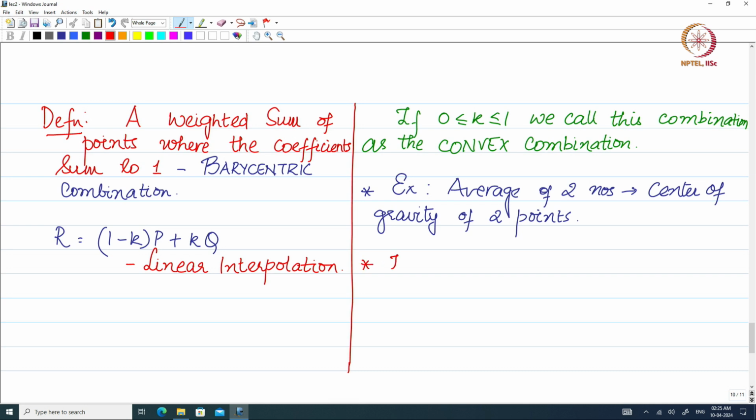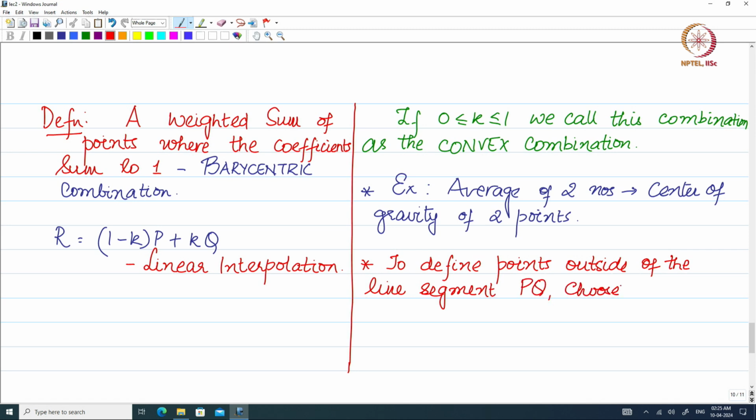So to define points outside the line segment PQ, choose k less than 0 or k greater than 1. That will help us get the points which are outside the line segment.